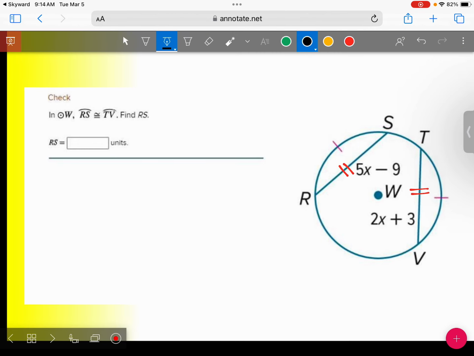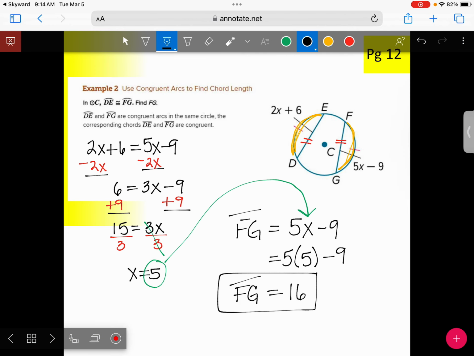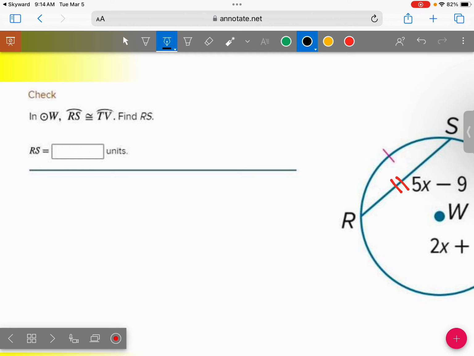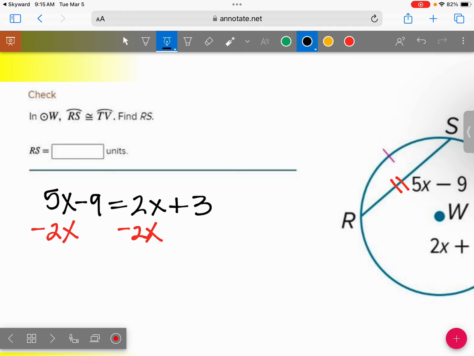So we have 5x minus 9 equals 2x plus 3. All right, go ahead and solve that for x. So we subtract the 2x.